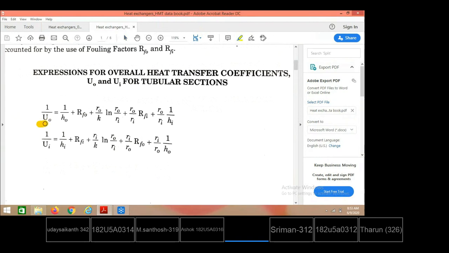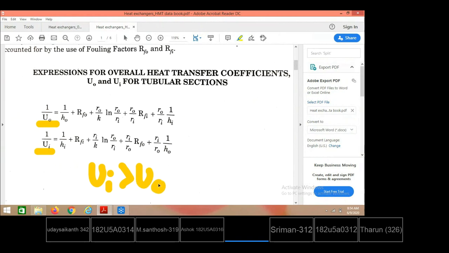This is the overall heat transfer coefficient estimated based on the outer surface. This is the overall heat transfer coefficient estimated based on the inner surface of the tube. Definitely, the overall heat transfer coefficient estimated based on the inner surface is higher than that estimated based on the outer surface. Ui is always greater than Uo, as I have told you.